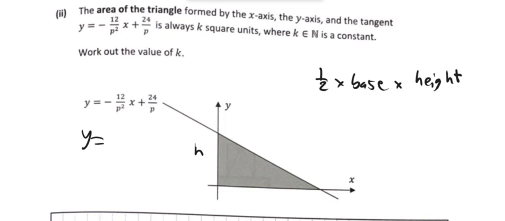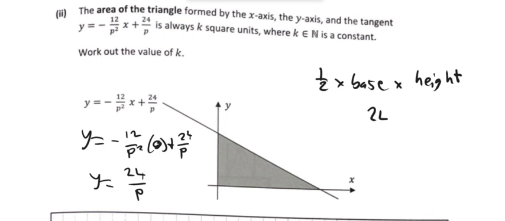So y is equal to minus 12 over p squared times 0 plus 24 over p. So the minus 12 over p squared, that'll just go. So y is equal to 24 over p. So 24 over p, that's the height.